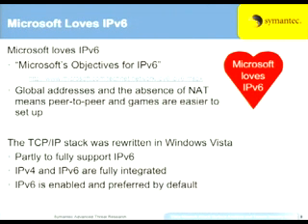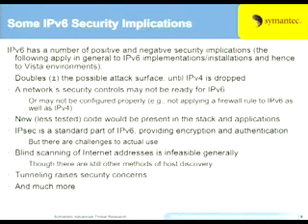The TCP/IP stack was rewritten in Vista from the ground up. This is at least partly to support IPv6 fully. And IPv4 and IPv6 are fully integrated in this stack. And as mentioned, IPv6 is enabled and preferred by default. So IPv6 is here.